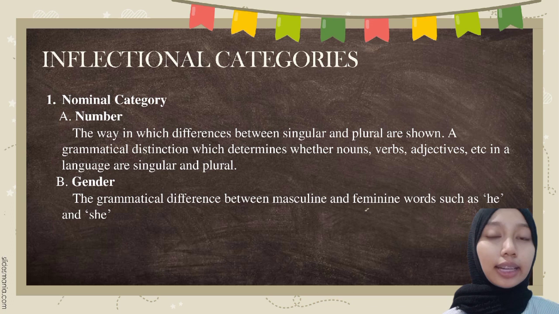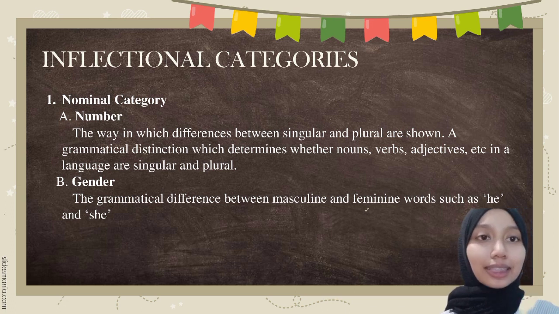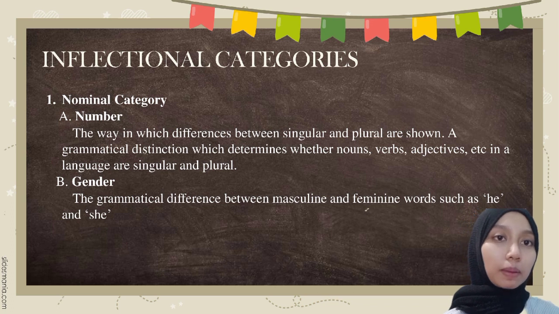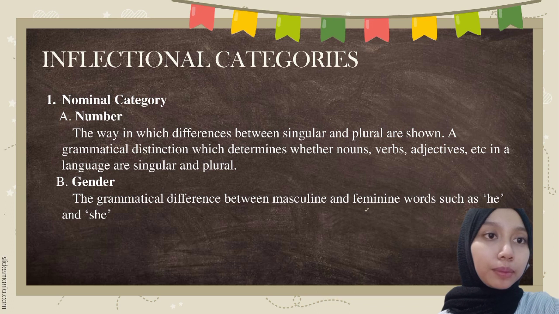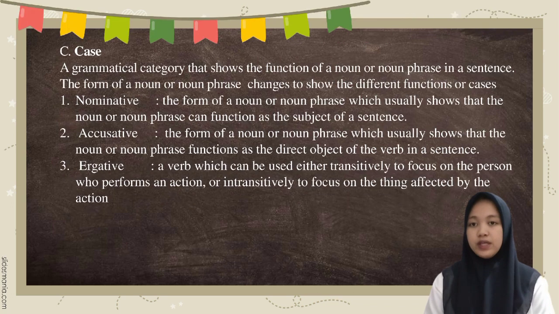The next is gender. Gender is the grammatical difference between masculine and feminine words, such as he and she. The next material will be explained by the next presenter. Thank you. Assalamualaikum warahmatullahi wabarakatuh.